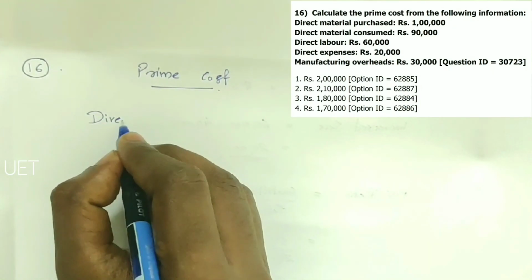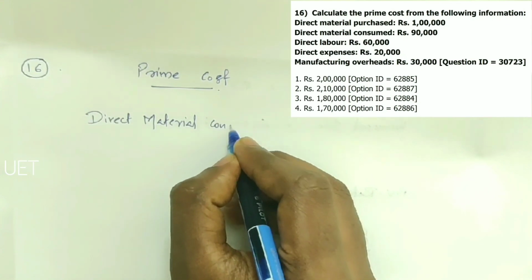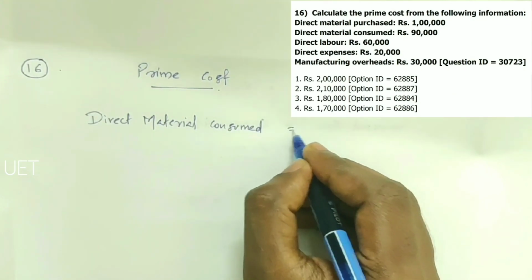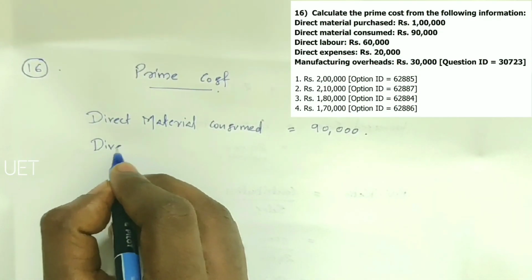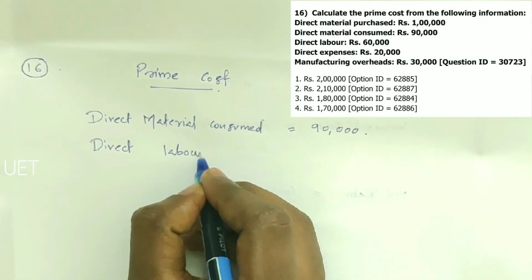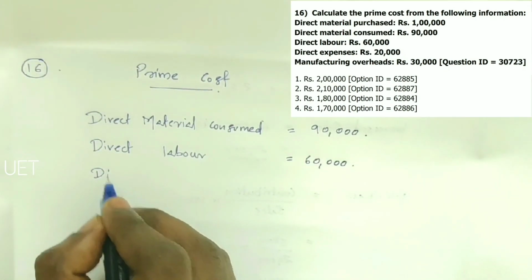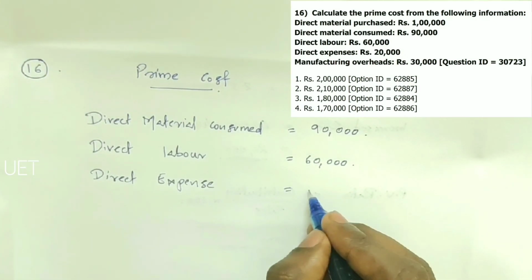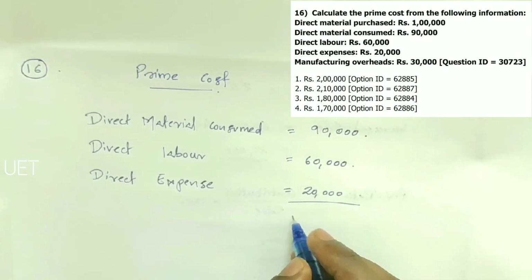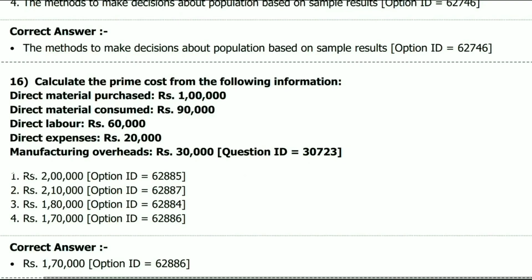We only take direct material consumed rupees 90,000, direct labor rupees 60,000, and direct expenses rupees 20,000, and the sum of this will be the prime cost, that is rupees 1,70,000, and the answer is rupees 1,70,000.